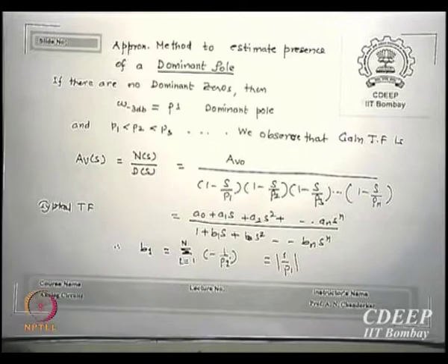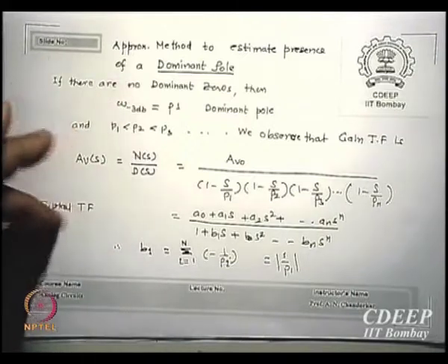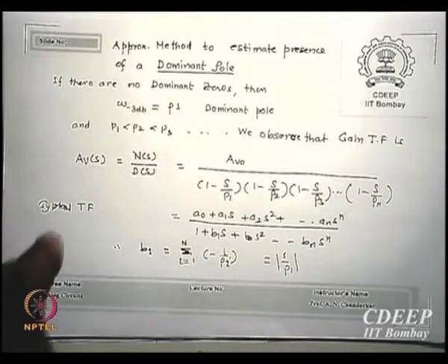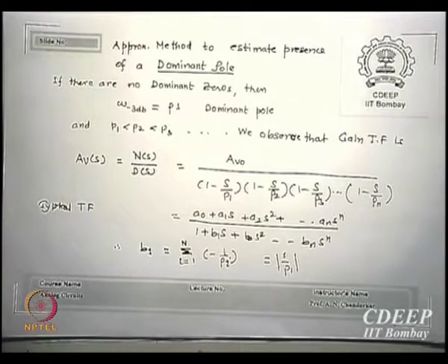We say a dominant pole is at the 3 dB point where the gain falls by 3 dB, our dominant pole P1, and again we assume that for the transfer function of the gain P1 should be less than P2 less than P3. If there are n poles, the dominant pole is P1, next maybe P2, P3 and so on and so forth.